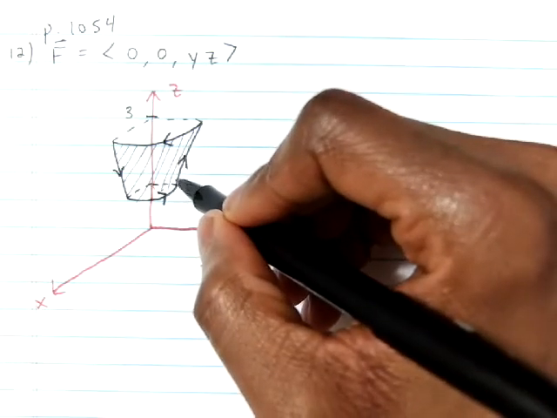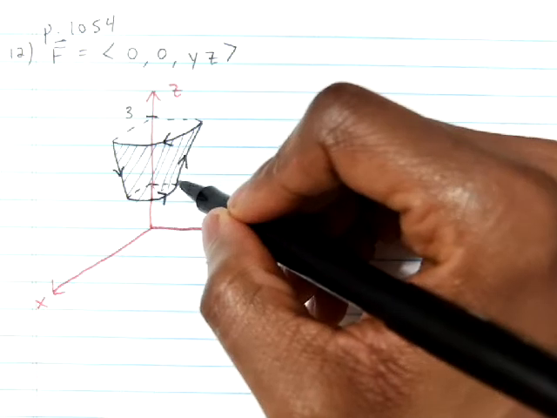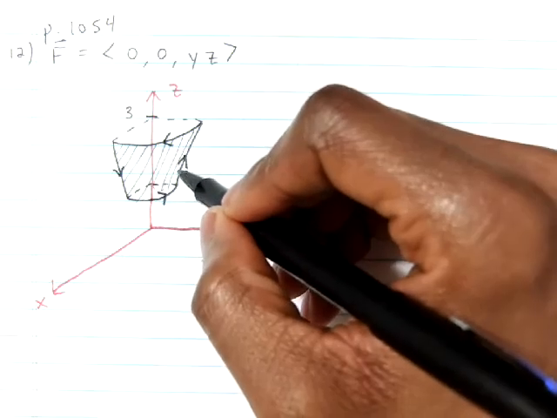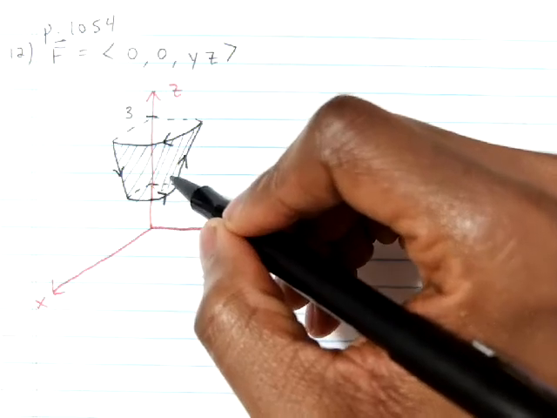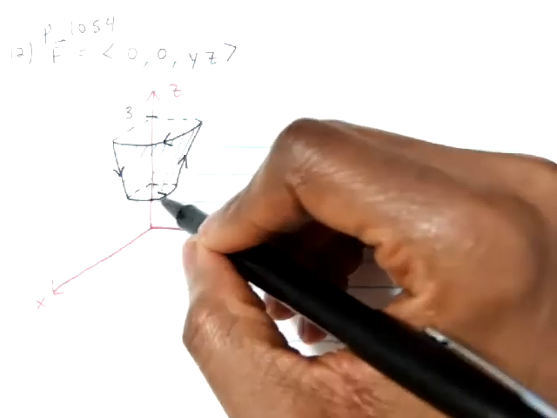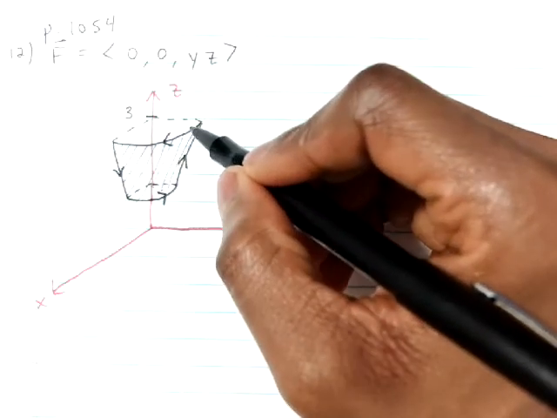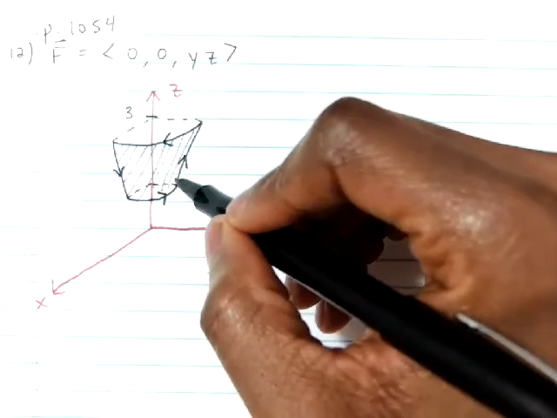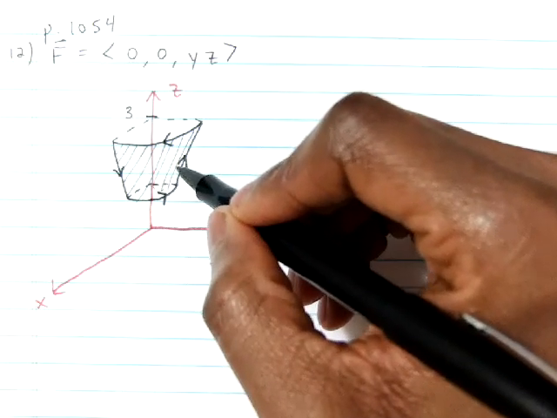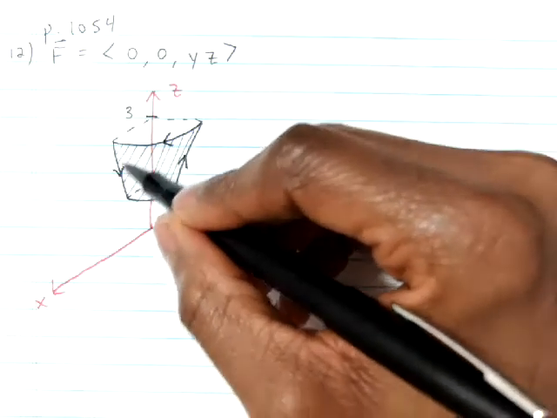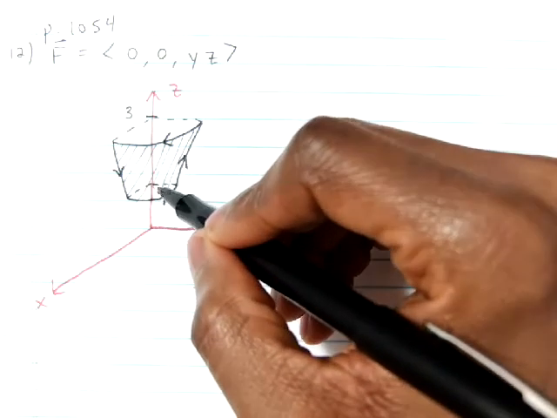You just imagine each scenario and figure out which one works. If the stick figure's head were pointing out at us, and the stick figure were to walk in the direction of these arrows, because the arrows have forced the stick figure's hand now to walk in that direction, he or she has no option. So should the head be pointing out at us or pointing in, to ensure that this shaded region stays to the stick figure's left at all times?